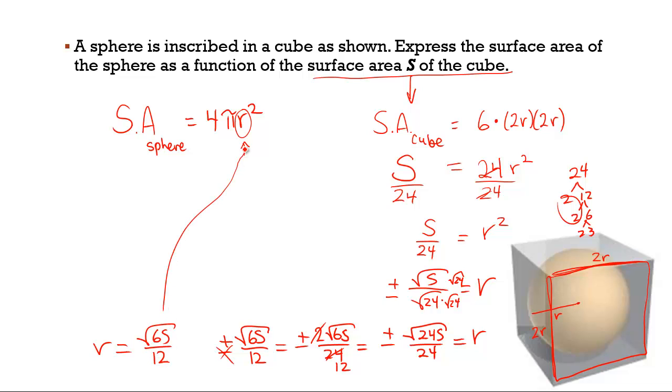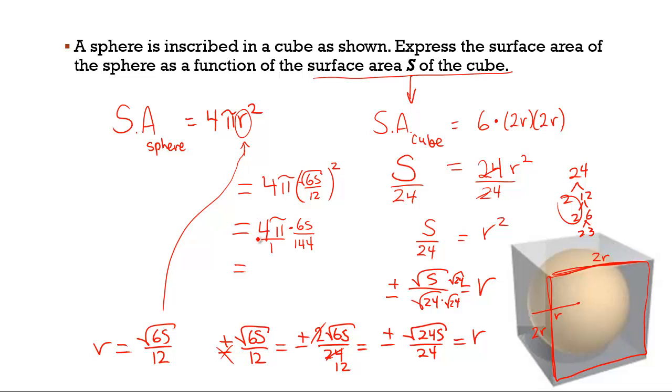So if we plug that in to our surface area of the sphere formula, we will get 4 pi times root 6s over 12 squared. Let's simplify that now. That'll be 4 pi, square that, top number will be 6s, bottom number will be 144, and simplify that with what we have here.